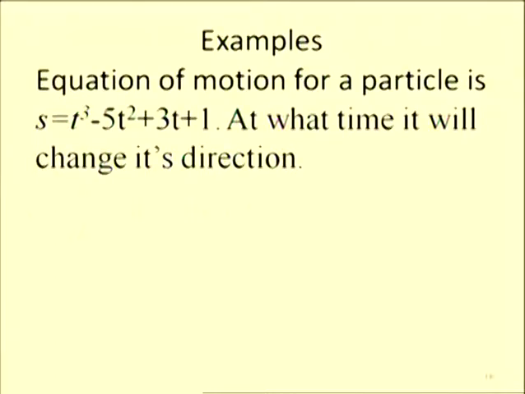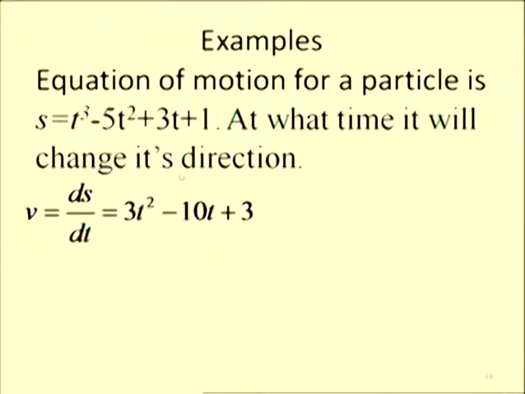So let us find ds by dt, that is v, that is equal to 3t square minus 10t plus 3. The derivative of t cube is 3t square, minus the derivative of 5t square is 10t, and the derivative of 3t is 3. The derivative of 1 is 0. So this derivative is velocity.